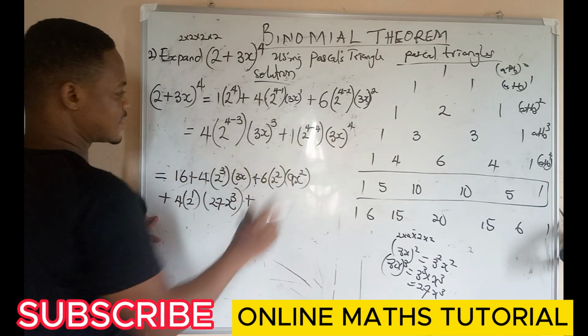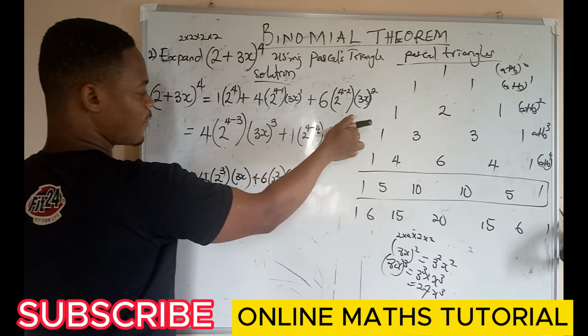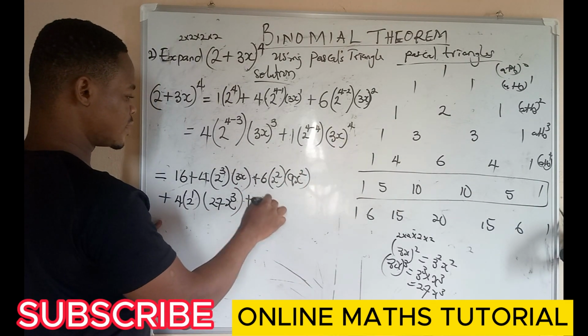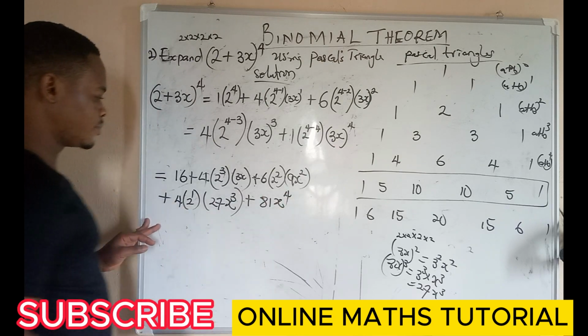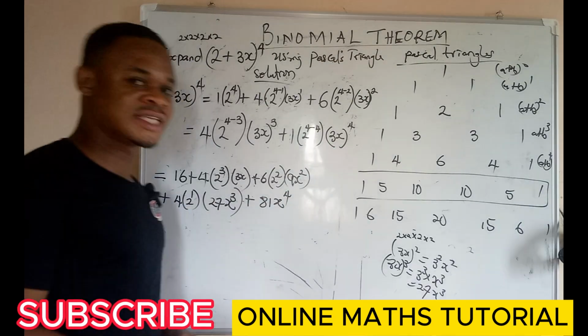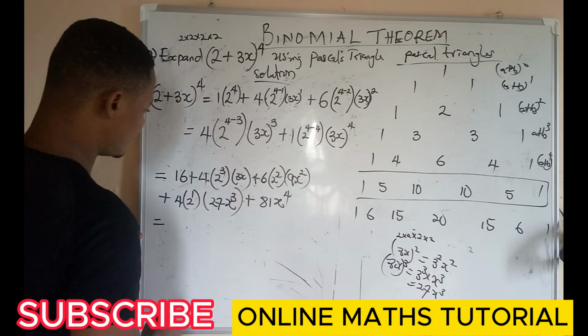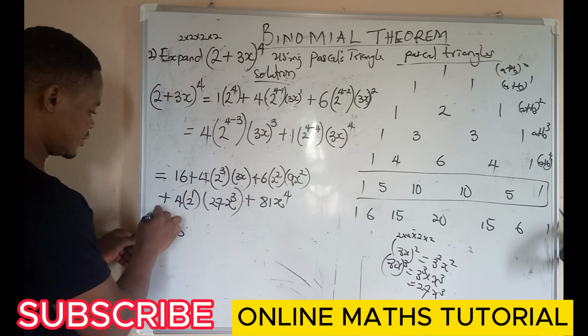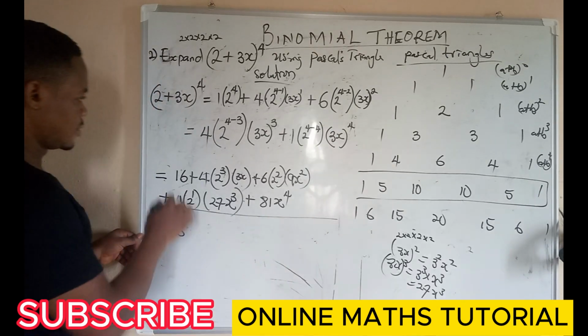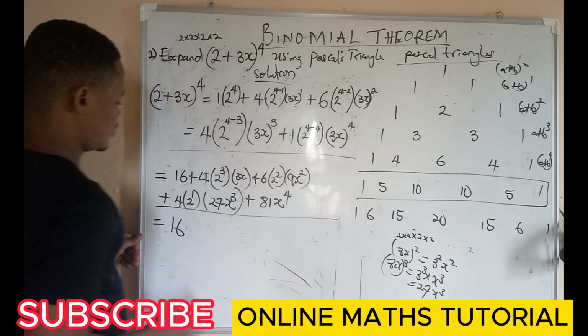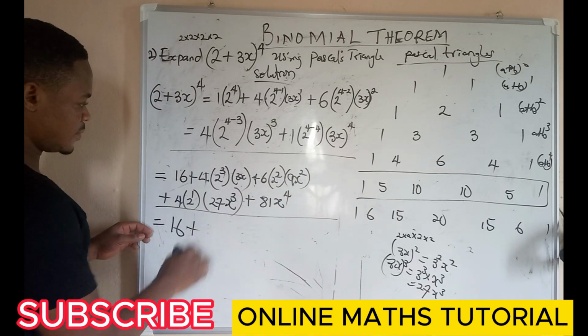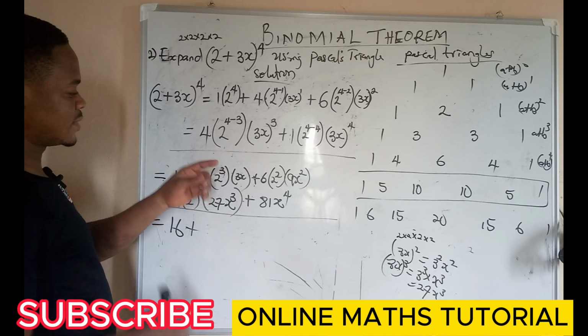So we are left with this. And 3 raised to the power 4 will give us 81x raised to the power 4, because 3 raised to the power 4 is 81. So if we go further, we will have 16 plus 2 raised to the power, this is 8.